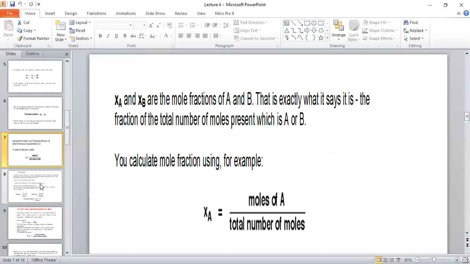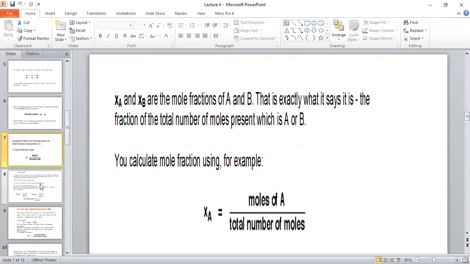So if you have liquid A and liquid B in a mixture, then for you to know XA, you know that a certain number of moles of A is mixed with a certain number of moles of B in that mixture. So your XA is the moles of A divided by the sum of the moles of A and B. That's the total number.